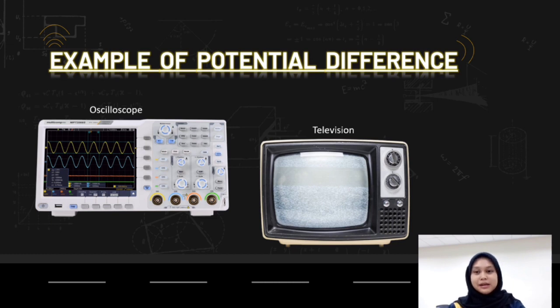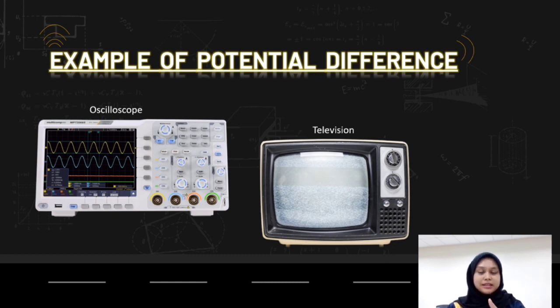Then the second picture is a television. This device has a large cathode ray tube as its display, as I mentioned before. So how does the image appear on the TV?